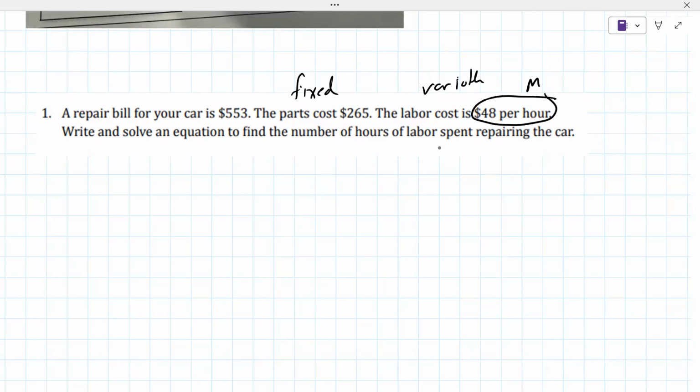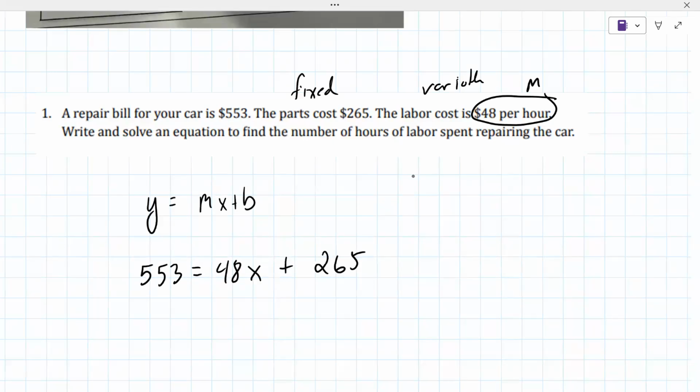So could you try writing an equation for this? It's really an mx plus b, and they give you y, m, and b in this problem. Okay. So then 553 is equal to 48x plus 265.